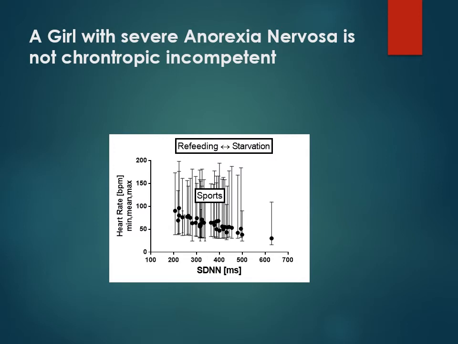There's an increase and decrease of heart rate during refeeding and starvation, but the maximal heart rates are undisturbed if the girl performs sport for 1 hour every day. There is a clear impact that the autonomic nervous system is not disturbed in this girl, but the mean heart rate depends on the calorie intake.